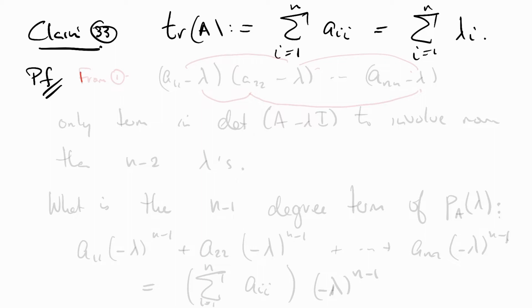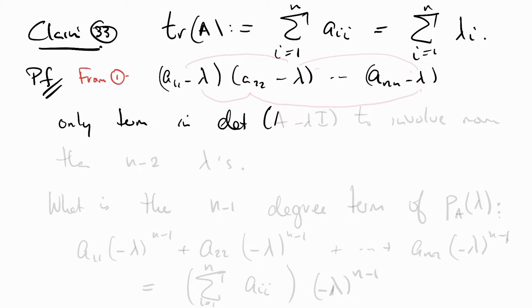So from 1, (A11 minus lambda)(A22 minus lambda)...(Ann minus lambda) is the only term in the determinant of A minus lambda I to involve more than n minus 2 lambdas.